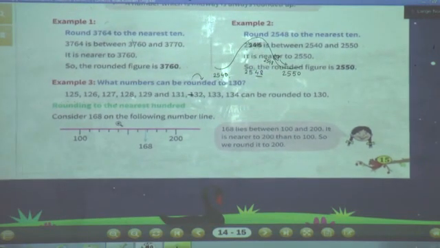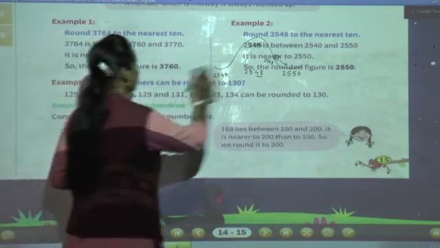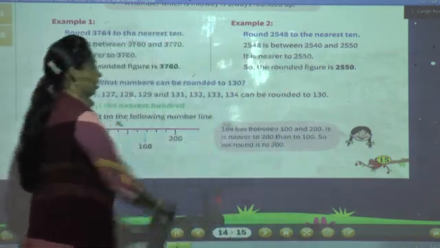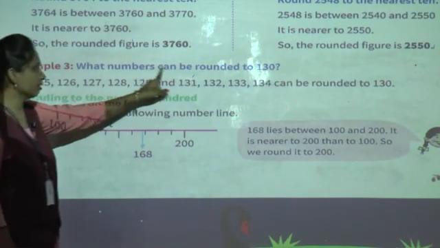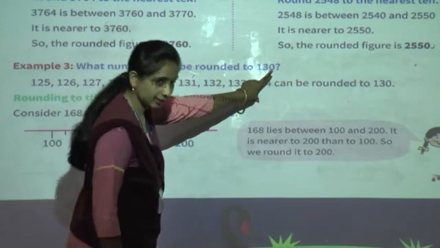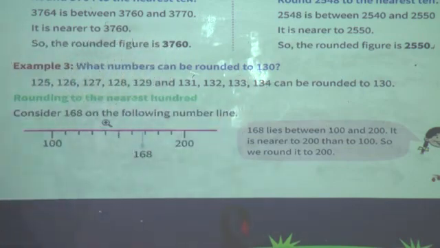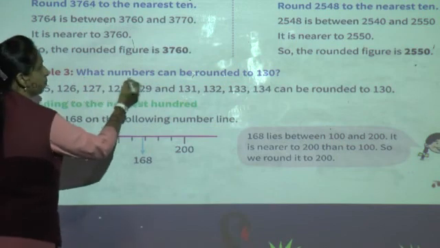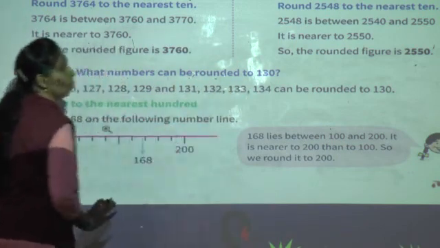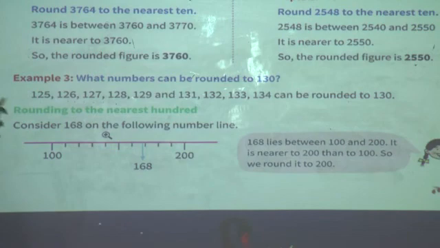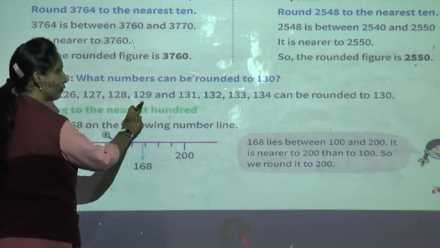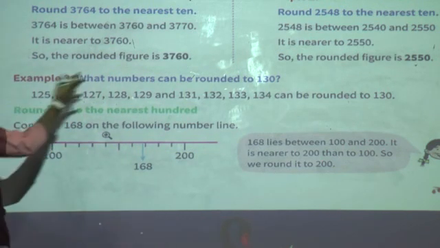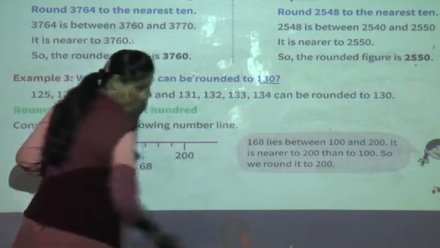That is example number 3. Now look here. What numbers can be rounded to 130? This is something different. What is the question? What numbers can be rounded to 130? So see here, 125, 126, 127, 128, 129. These are the numbers before 130.